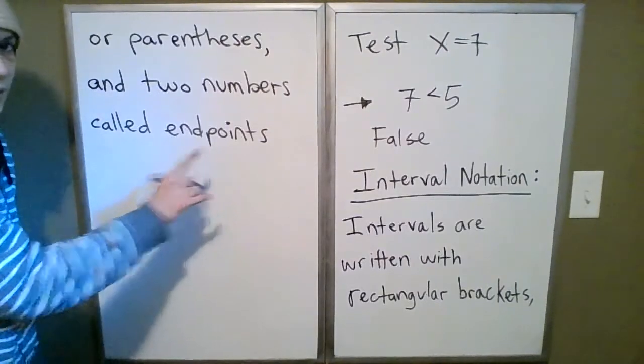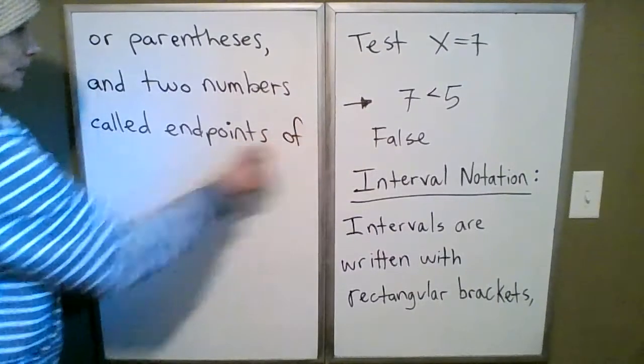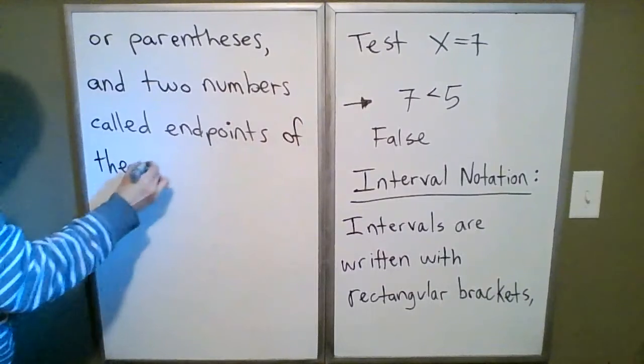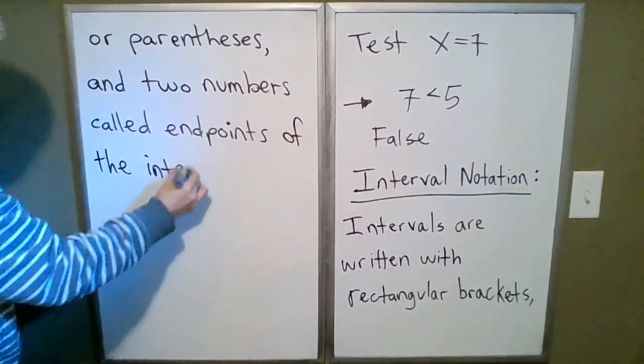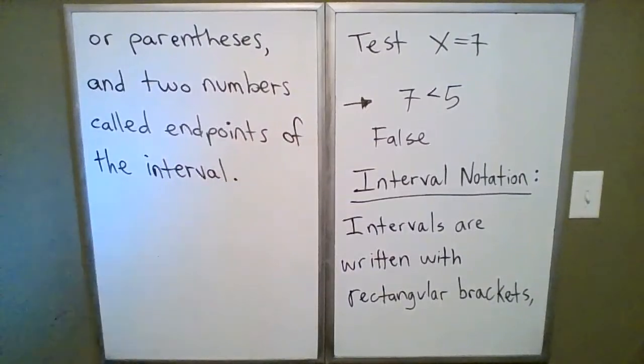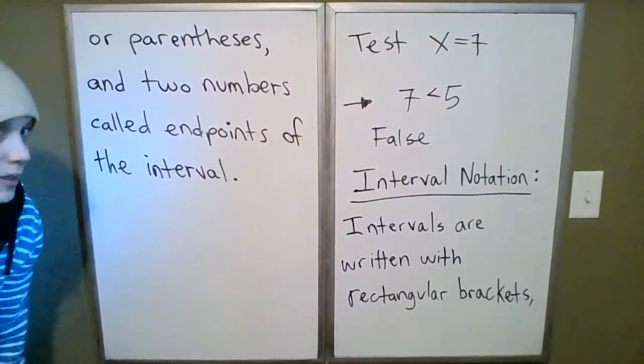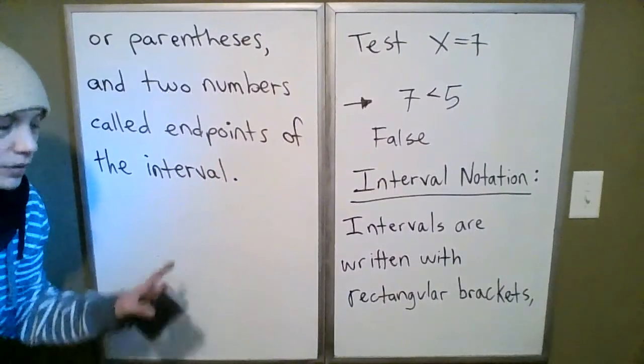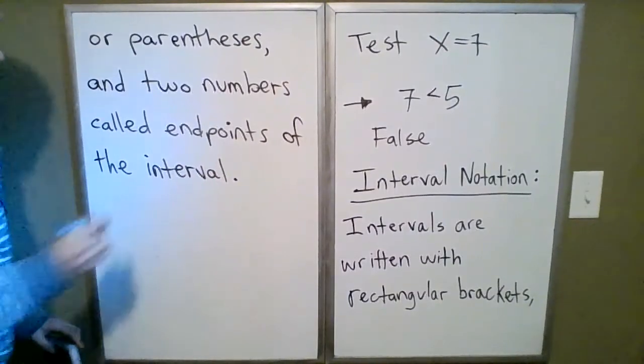And they're the endpoints of the interval. Okay, the smaller number or value always goes on the left.